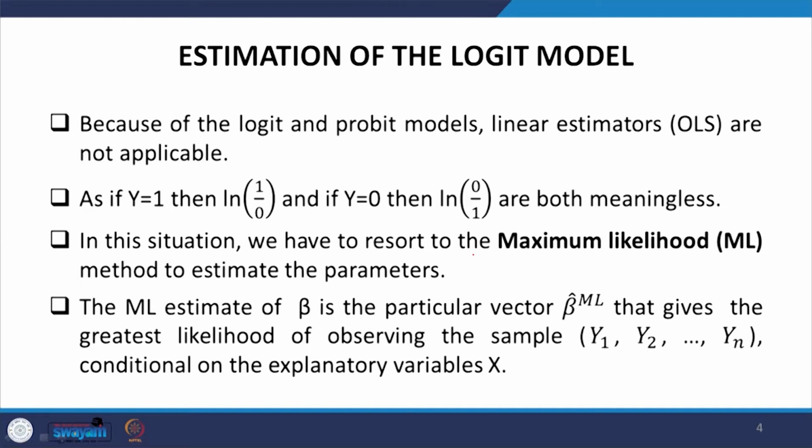So, the ML estimate of beta, that is beta hat ML, is the particular value that gives the greatest likelihood of observing the sample of y1, y2 till yn, conditional upon the explanatory variable x. Now, when we say the unit change within the probability limit of 0 to 1 is very important, the maximum likelihood estimator identifies that. So, the coefficient itself is not just enough.